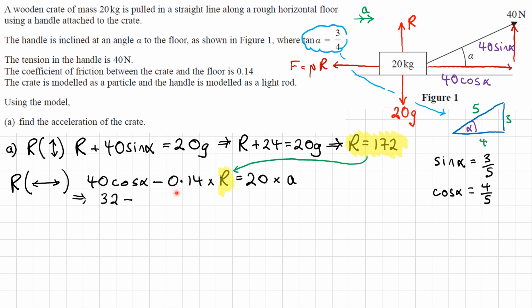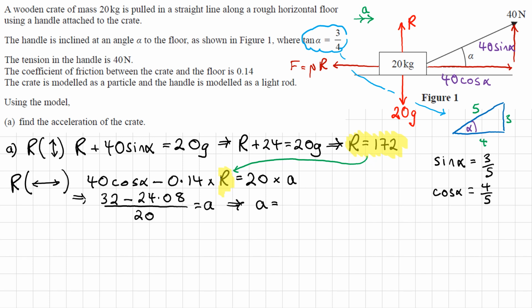So I'm now going to work out 0.14 times 172, and that gives me 24.08. So 24.08 is equal to 20A. If I divide this by 20, I'm going to get my value of A. So let's see what we get.